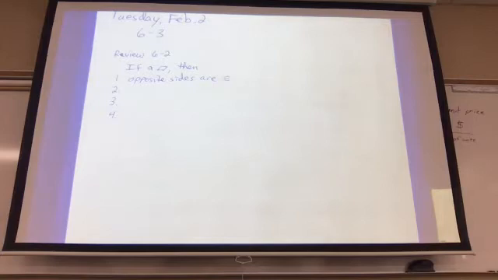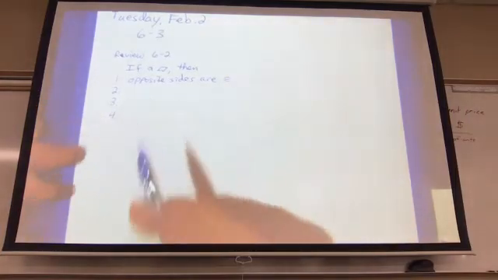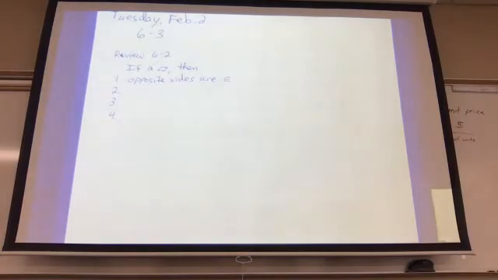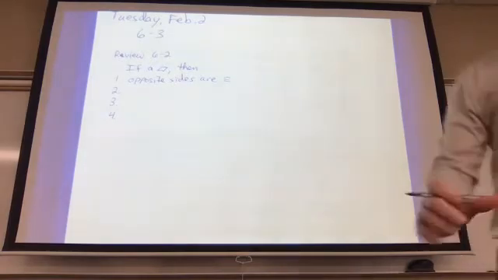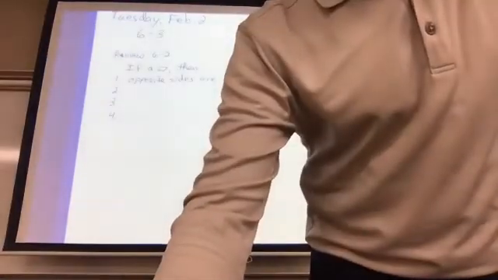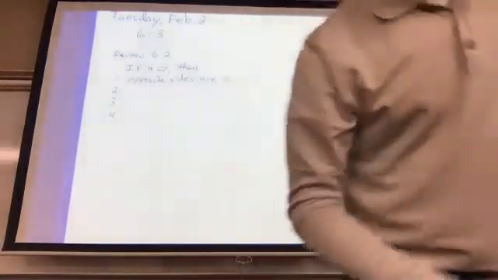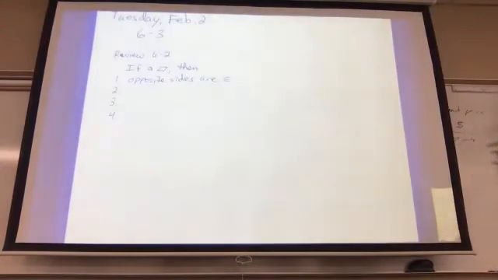Anybody think of one? It's a quadrilateral, yes. That's not quite a theorem, though. But that is true. They do have 4 sides. Any others, or do you need me to help you out?